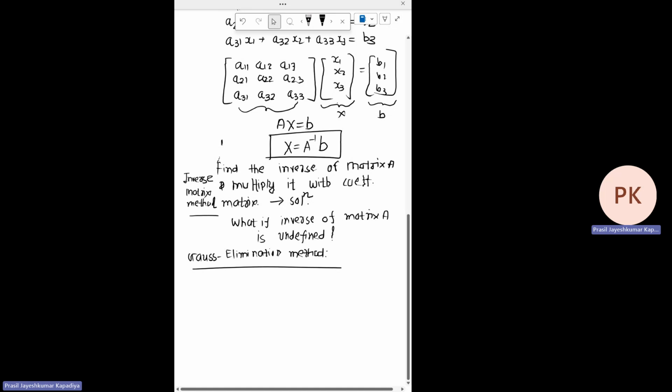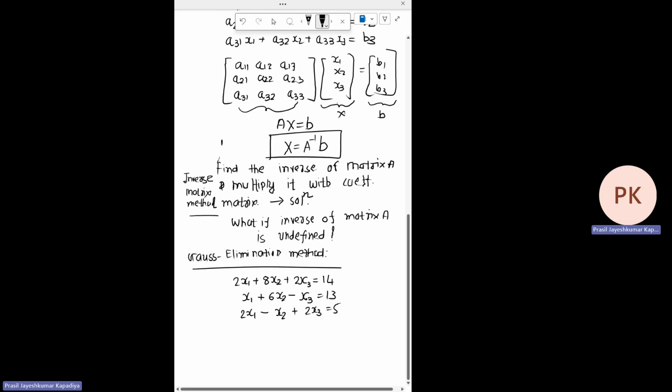Let's say my example is 2x1 plus 8x2 plus 2x3 is equal to 14, x1 plus 6x2 minus x3 is equal to 13, and 2x1 minus x2 plus 2 into x3 is equal to 5.